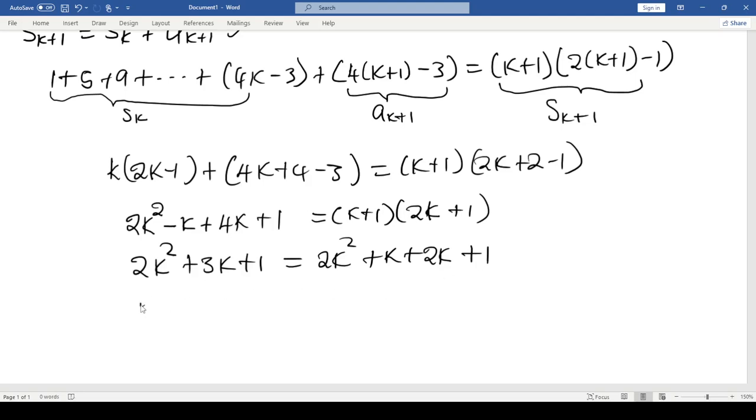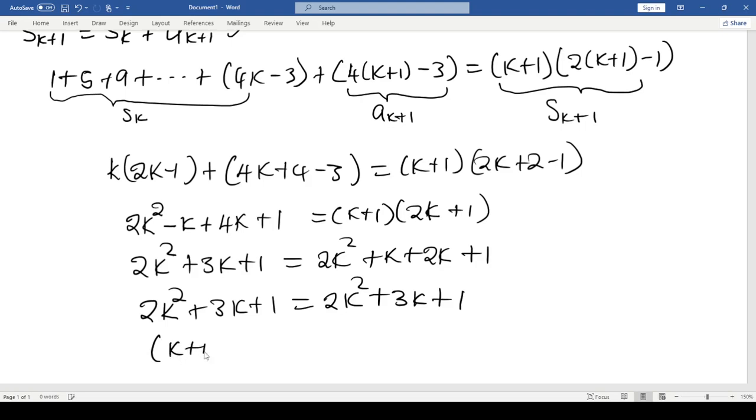So you notice that here we have our 2k squared plus 3k plus 1 being equal to 2k squared plus 3k here plus 1. So if you want to factorize this here, you're simply going to have this side, you're going to have k plus 1 and also 2k plus 1 there, which is the same thing this side, which is k plus 1, and you also have 2k plus 1 like this here.